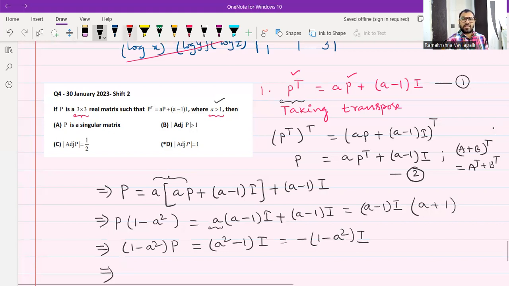We can cancel this 1 minus A square because A is greater than 1. So simply we got P equal to minus I matrix.